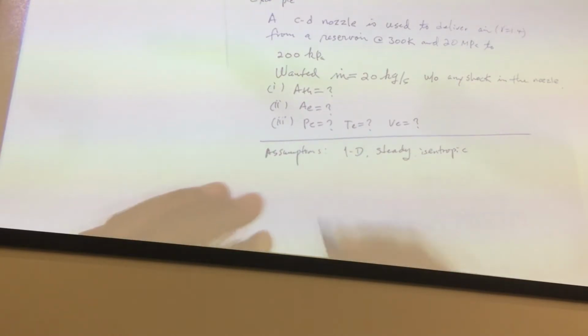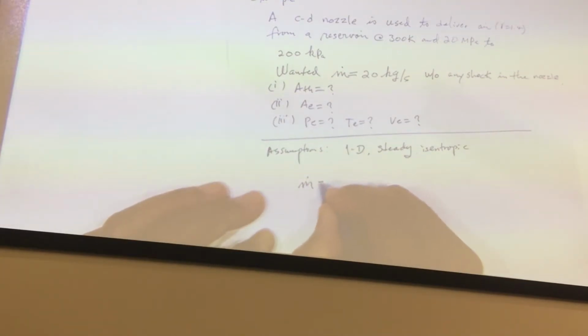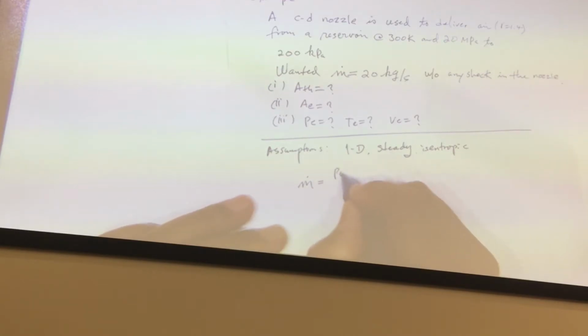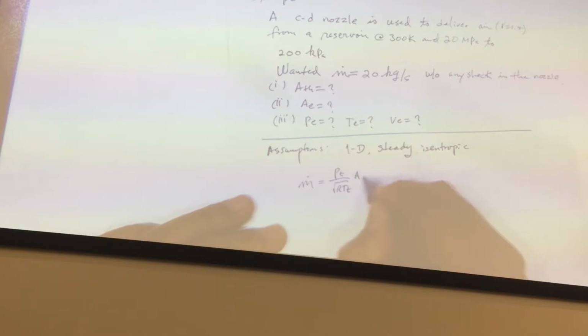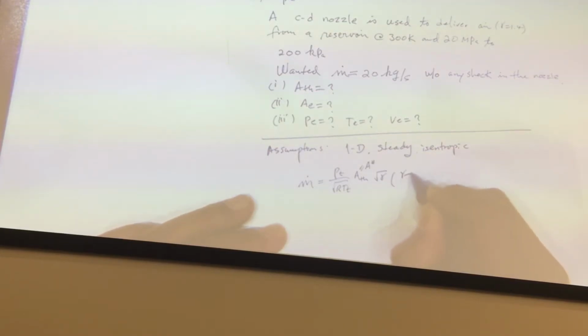So this is so simple because m dot we already did, right? m dot is equal to PT over square root of R TT, times A throat, because this is equal to A star now, times square root of gamma times (gamma plus 1 over 2) to the power of minus (gamma plus 1) over 2 (gamma minus 1).